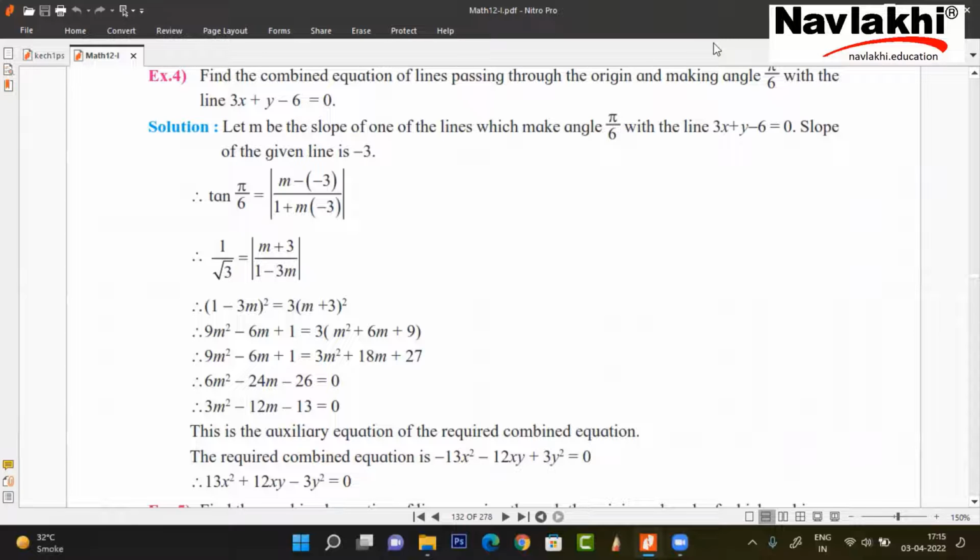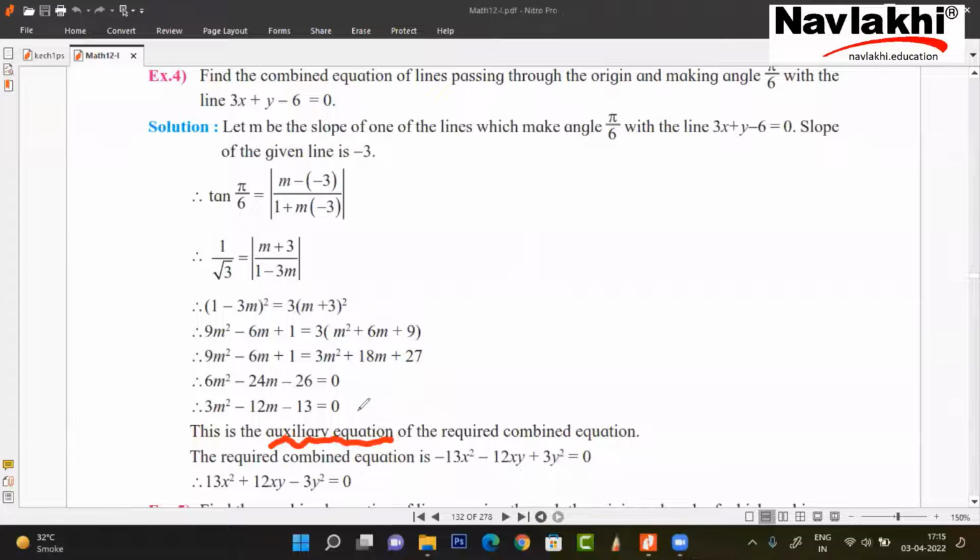We had done in the previous exercise that a quadratic equation in m was given the name auxiliary equation. CET people don't have to mug up all these names. HSC people, yes, you have to write that this is the auxiliary equation for the required combined equation.